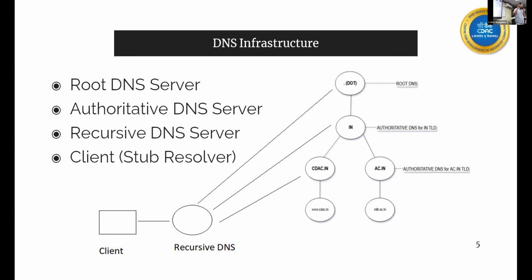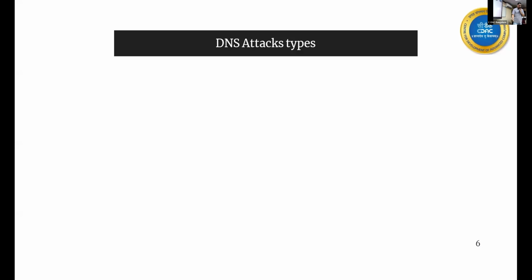So all those records are there with the TLD. Now the TLD will say that you are asking about www.cdat.in, and since cdat.in is mentioned, it will say that you can go and ask cdat.in. You cannot go to ac.in. You will go to cdat.in and then I will give the reply. I hope this is clear.